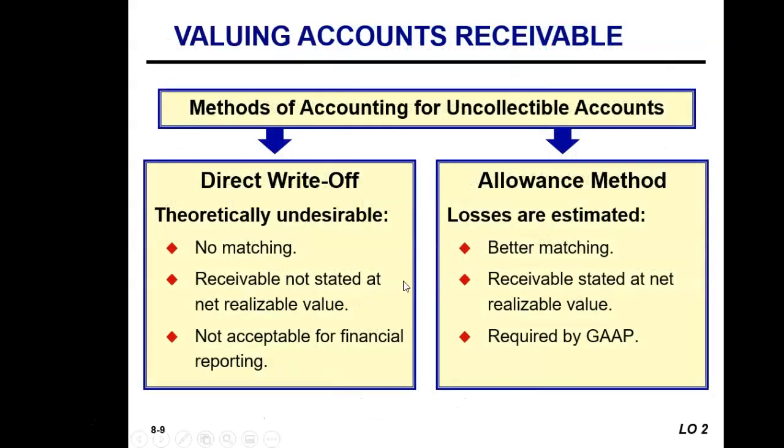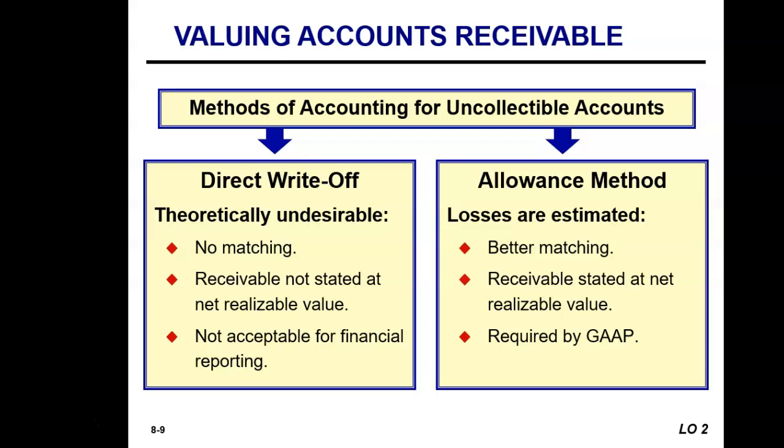Okay? Next up, how do we value accounts receivable? Two methods of accounting for uncollectible accounts: what's called the direct write-off method, as well as the allowance method.